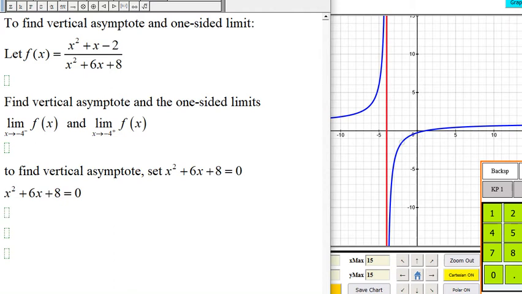And this is a quadratic equation, so we can use the quadratic formula or we can use the factoring method. So the factors are x plus 4 and x plus 2 equal to 0. And then set each factor equal to 0.